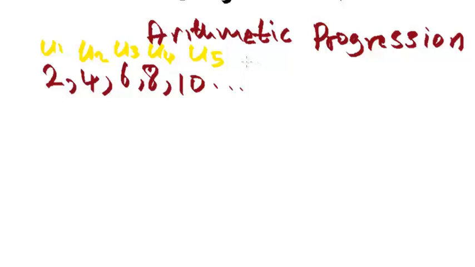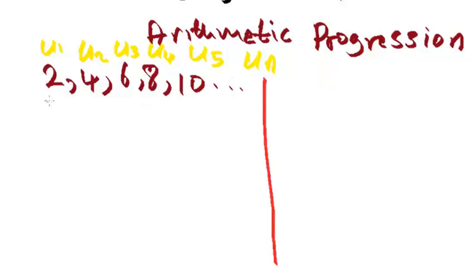Any term at all is called Un, standing for any term that you would like to find. For instance, if I want to find U100, then n becomes 100, and U100 is the 100th term. So generally we represent any term at all by Un.